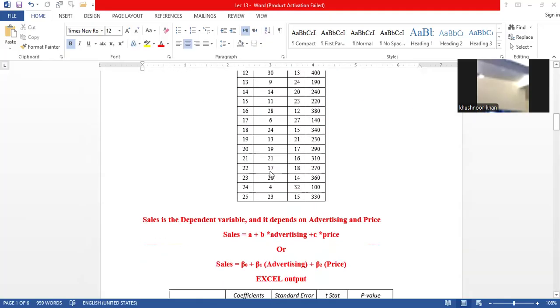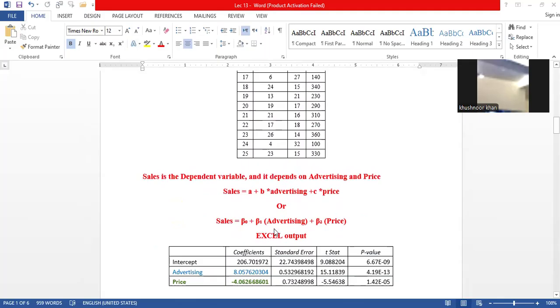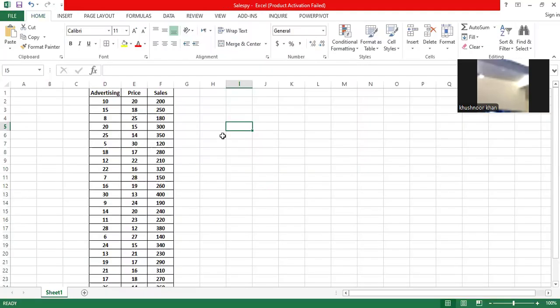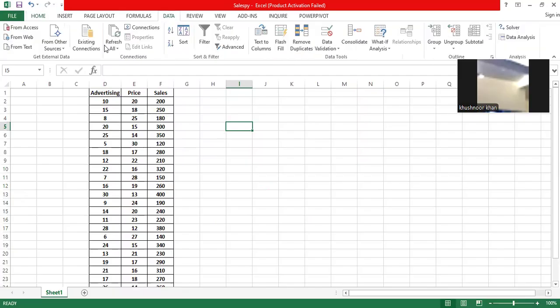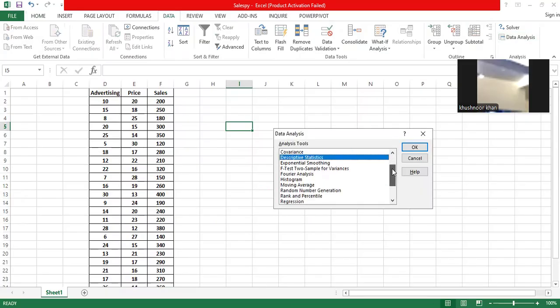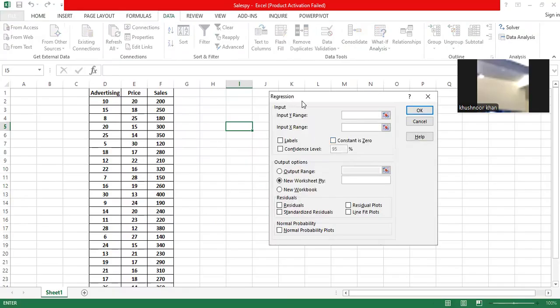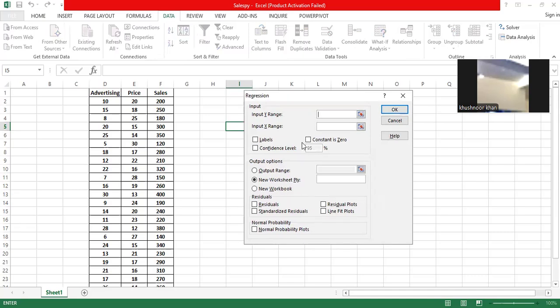So we are going to take this data to Excel. We have already done that in Excel, and we will click Data here, and go to Data Analysis. In Data Analysis, we have an option, Regression. Once you click Regression, a dialog box will appear.